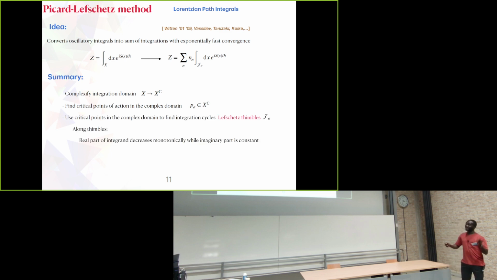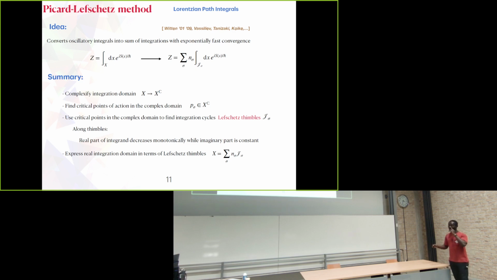Then you use the critical points to find the Lefschetz thimbles, which are the contours along which the integrand is monotonically decreasing and the imaginary part is constant. The last step is that you express the original integration cycle in terms of these thimbles. So it's very clear how to do these things.